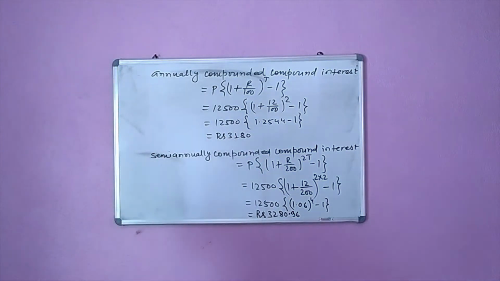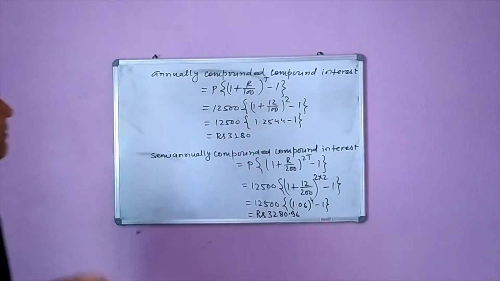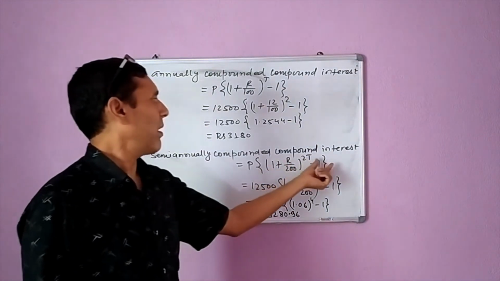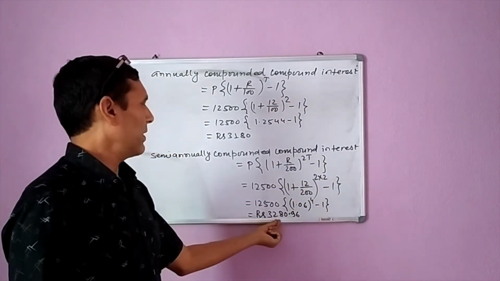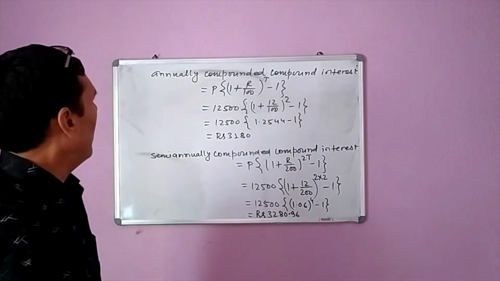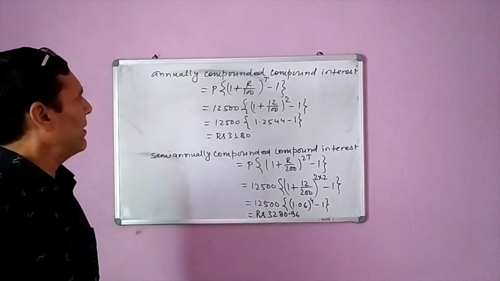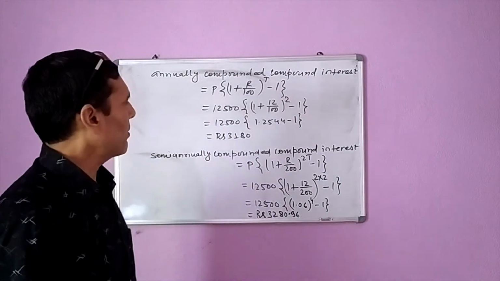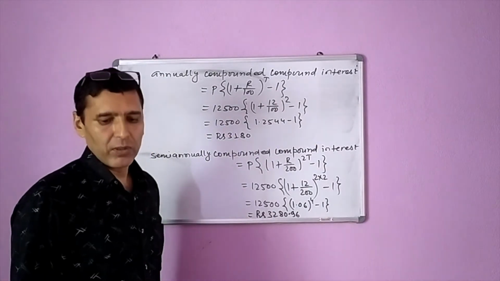So here we have the semi-annually compounded compound interest rupees 3280.96 and annually compounded compound interest rupees 3180. Now according to the question we have to find the difference between these two interests.